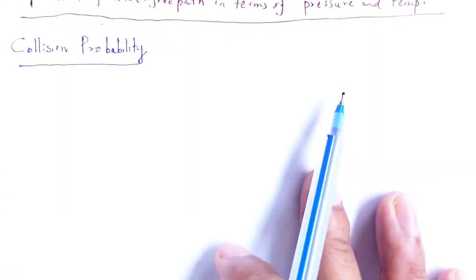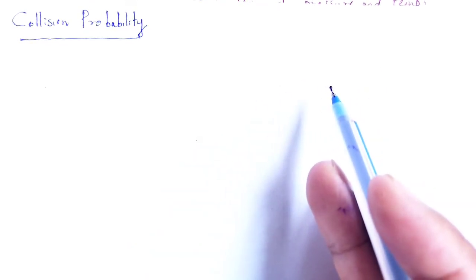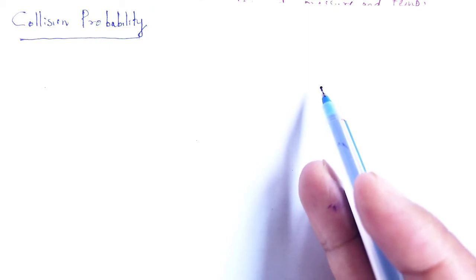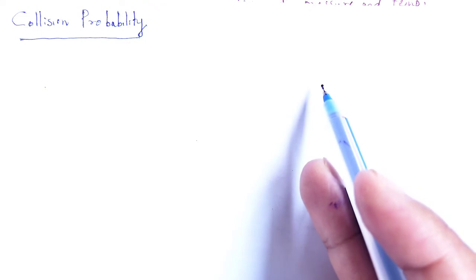Although a molecule suffers collisions quite irregularly, still there will be a certain average rate of collisions if considered over a long period of time.